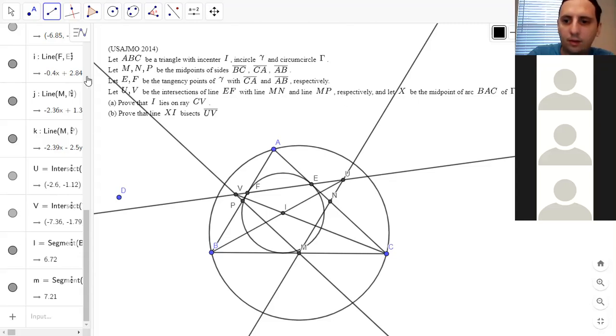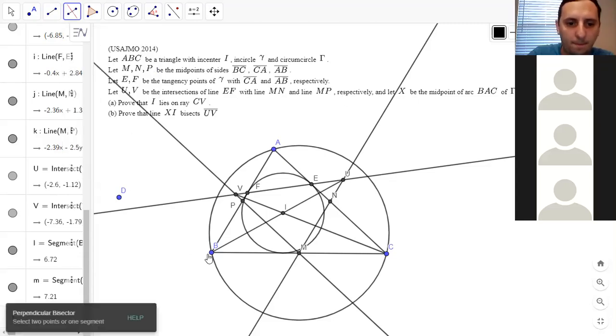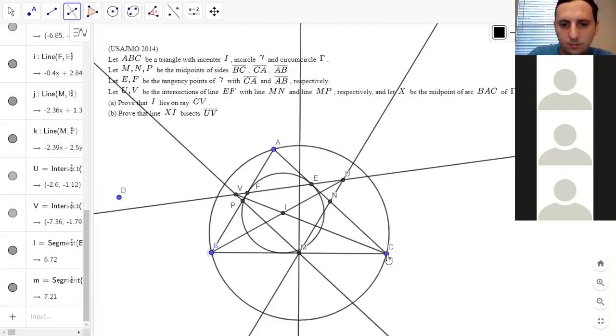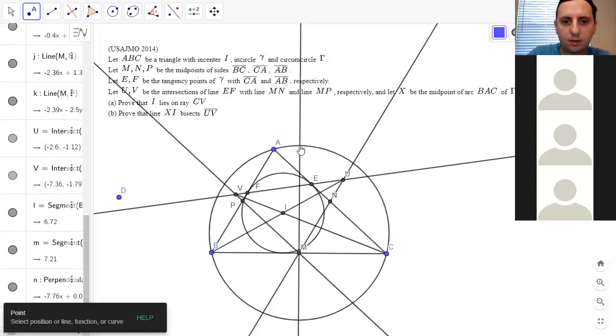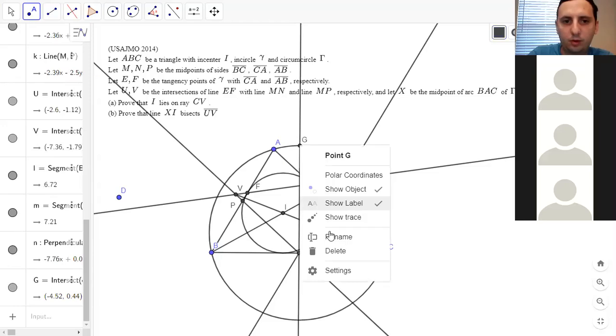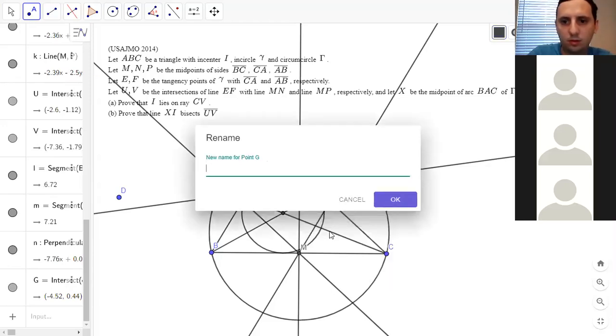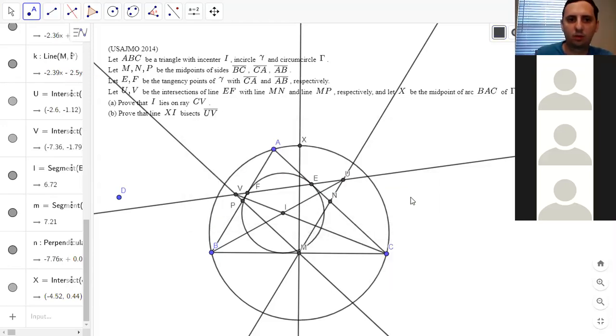Okay, so this is point X. And the Iran lemma proof is just an angle chase, and I know how to do part 2. Okay, so this is like a really easy one.